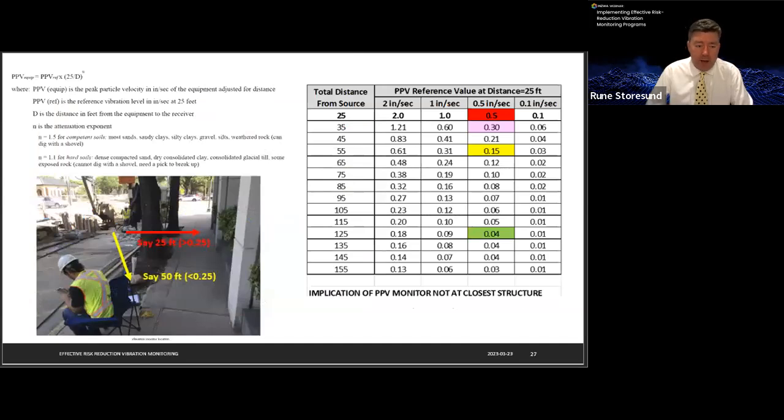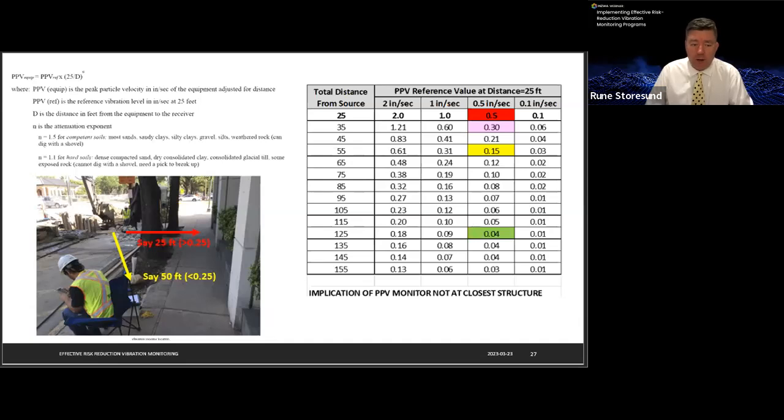So if we go back and we revisit our typical vibration monitoring situation, where the monitor is set up at a fixed location and records PPV values as the work moves up or down station from the vibration monitor, we can use our PPV formulas to back calculate what the source vibration magnitude may have been, and we can also back calculate the magnitude of the PPV value that the nearest structure may have felt.